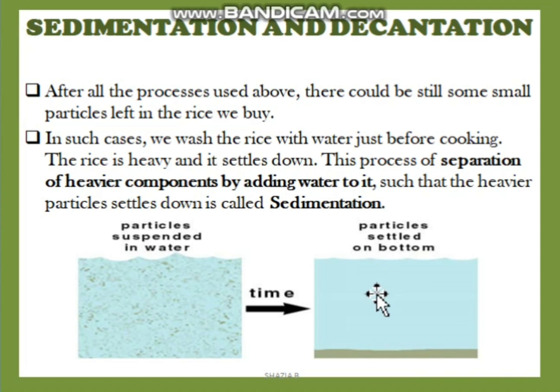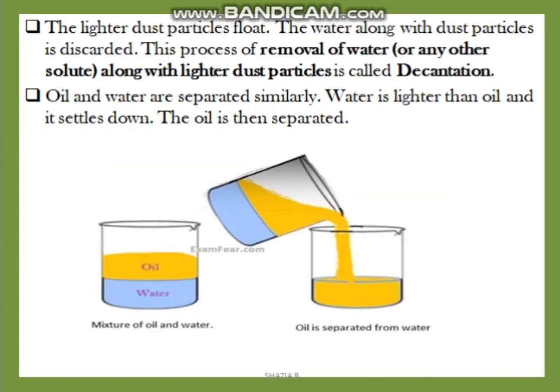Okay, so now we want to separate both. For this we use the process of decantation. That is, it is a separation process where a layer of liquid is removed.